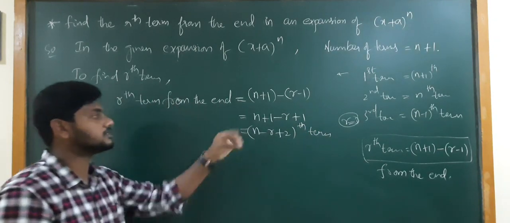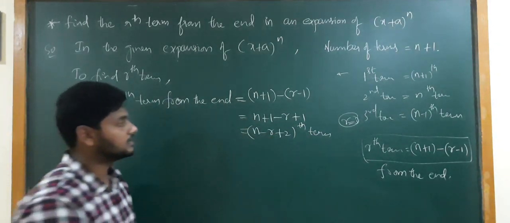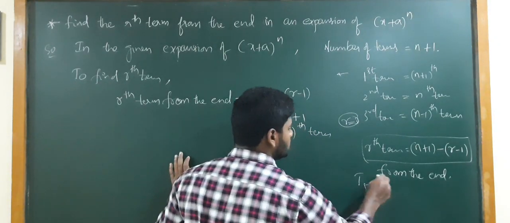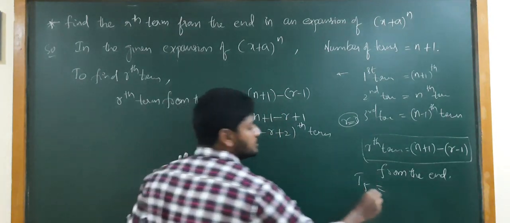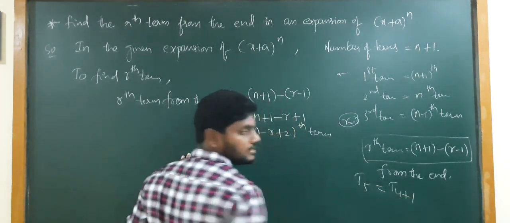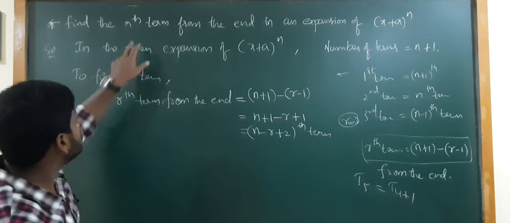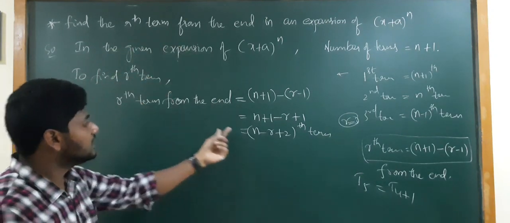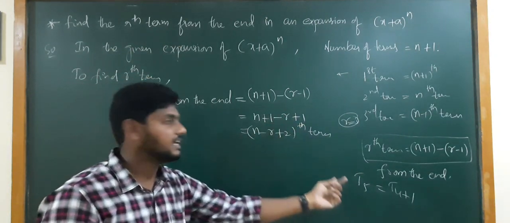N minus r plus 2 term. Nothing but, for example, if we need to find the fifth term, how will we write the fifth term? T 4 plus 1.